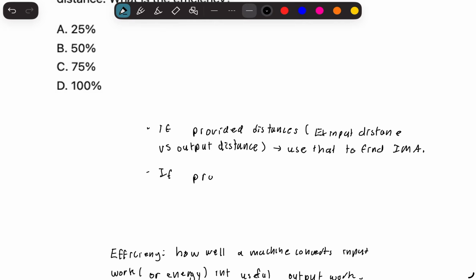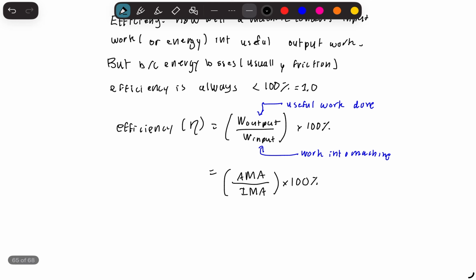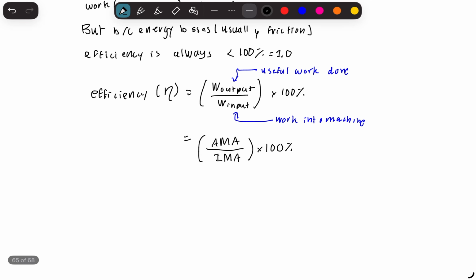But if you are provided forces, you want to use those to find AMA. And if you have both, use those to find the efficiency.